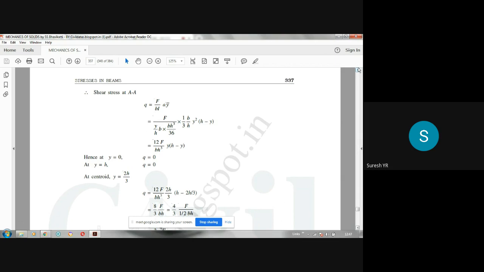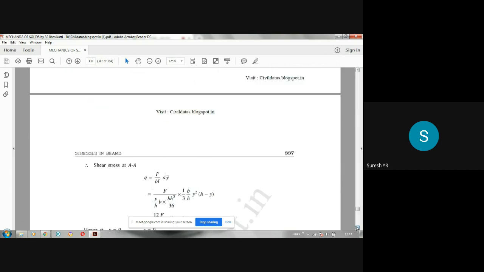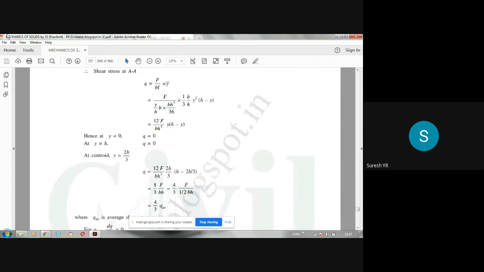So b dash is y by h into b, that they have substituted, into bh cube by 36 the I value, into a into y bar we have just calculated here. So a into y bar is this. So this you substitute, and if you simplify the entire thing, you will be getting an expression like this: 12f by bh cube into y into h minus y. After simplification, you are going to get this.